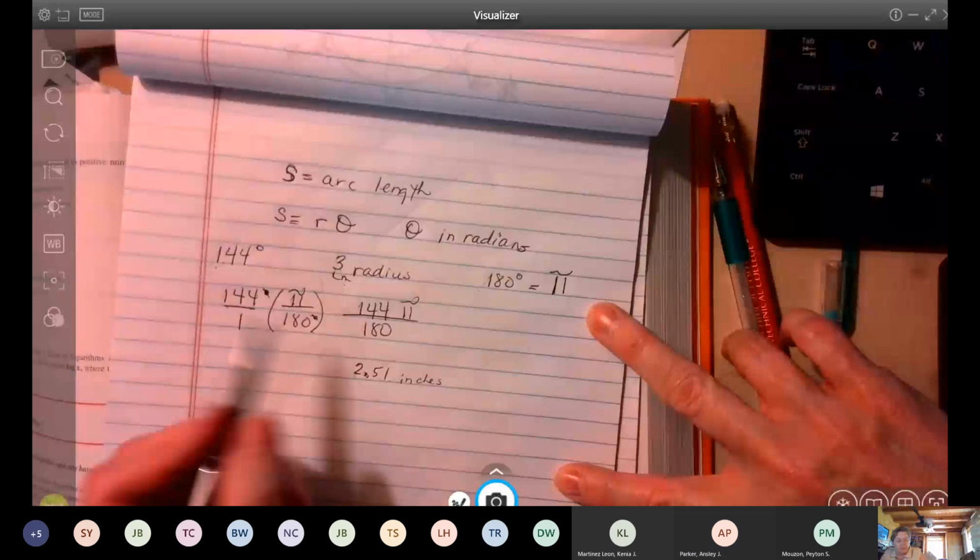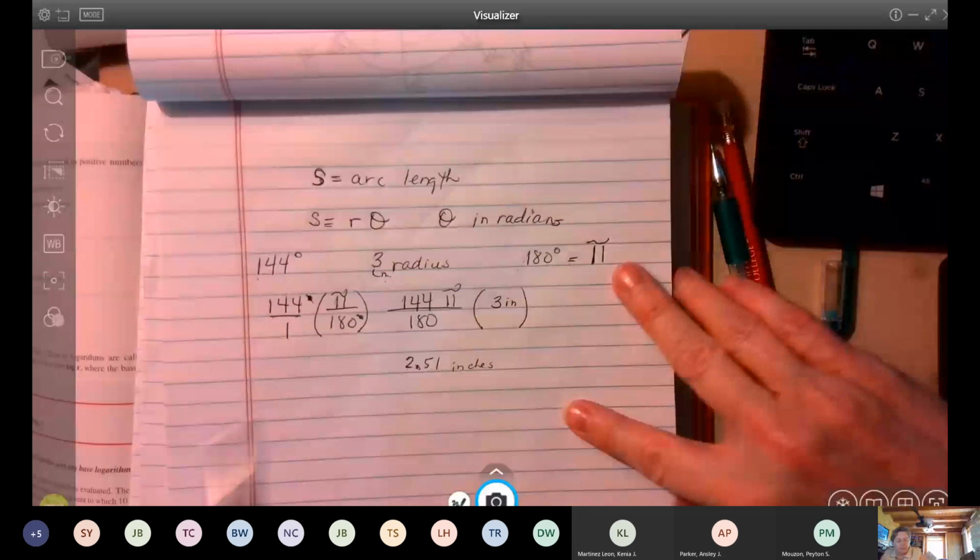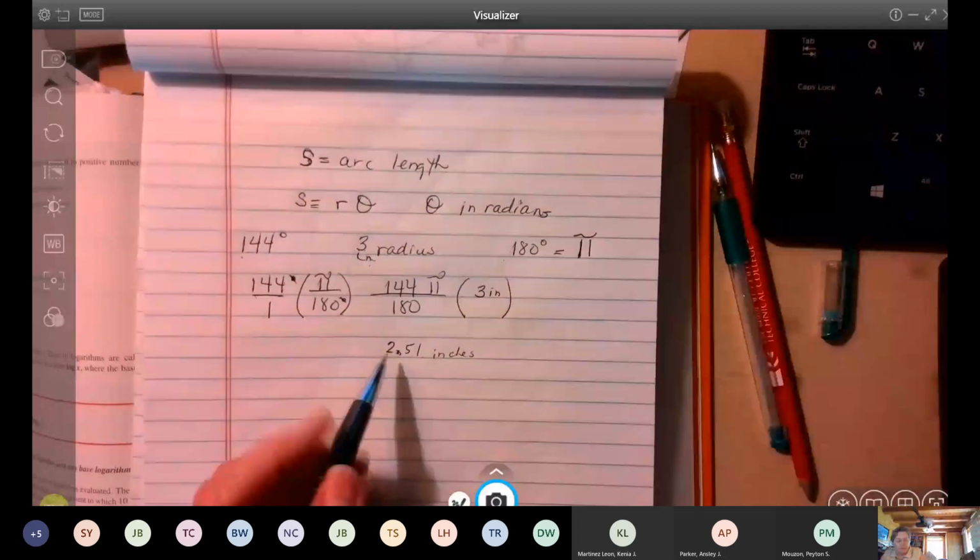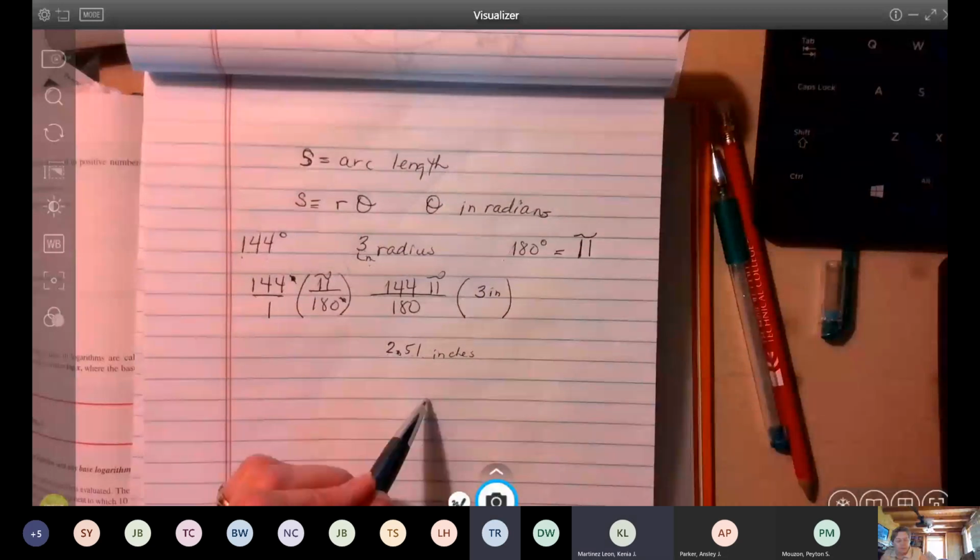Because once we do this, we're converting to radians. We've got to multiply times the 3. Sorry. 7.53 inches is going to be my arc length.